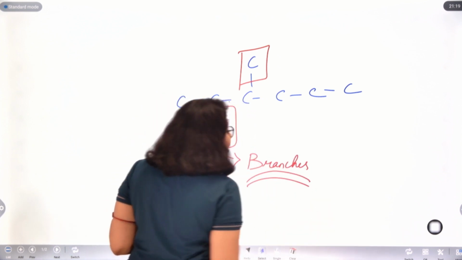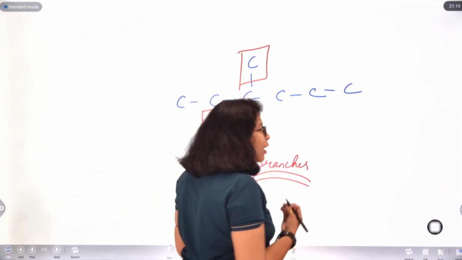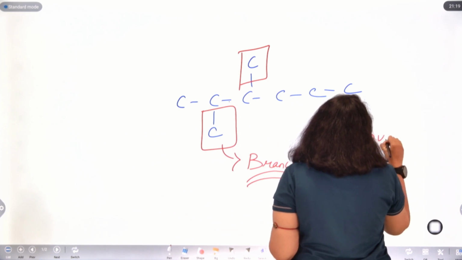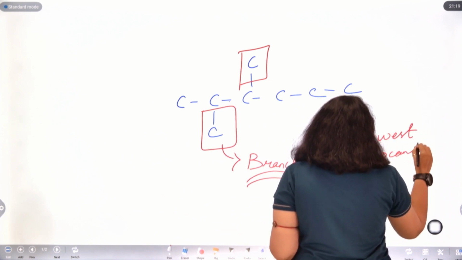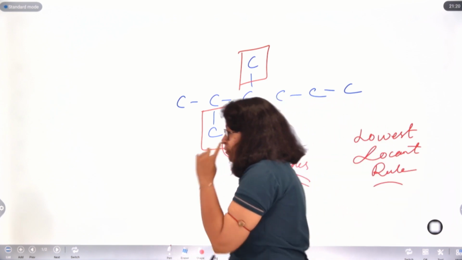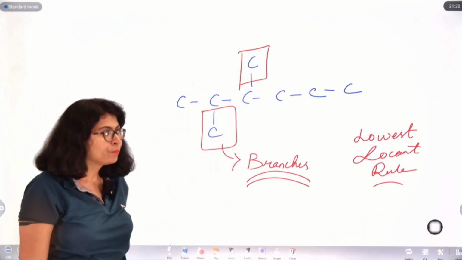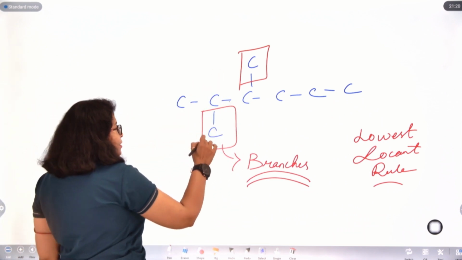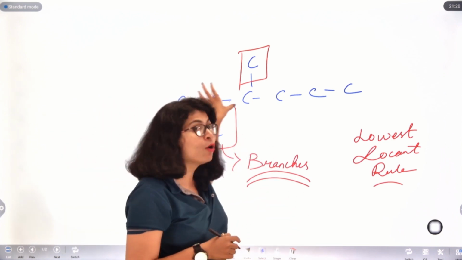And the rule is pretty much the same as that of double and triple bonds. Again you have to follow the lowest locant rule, where you have to give the lowest number to these branches. And the most important thing is I will have to choose the longest carbon chain.